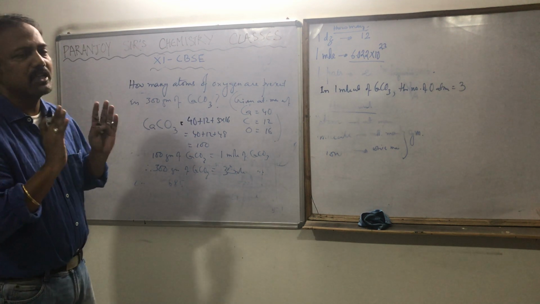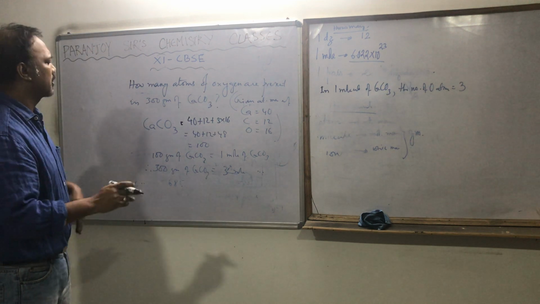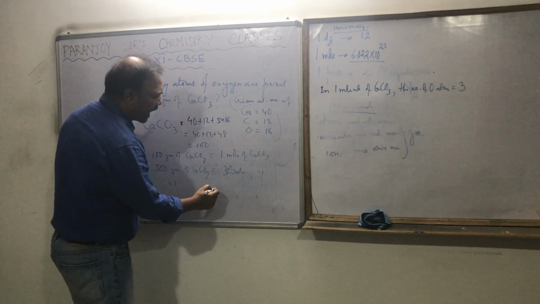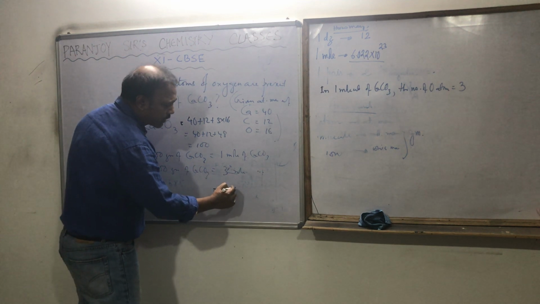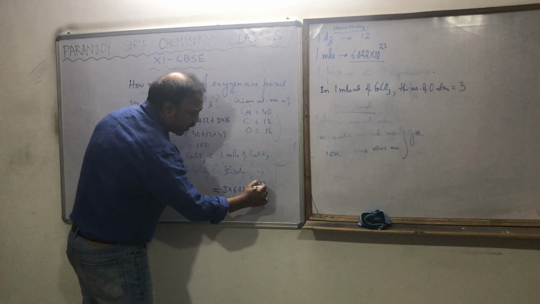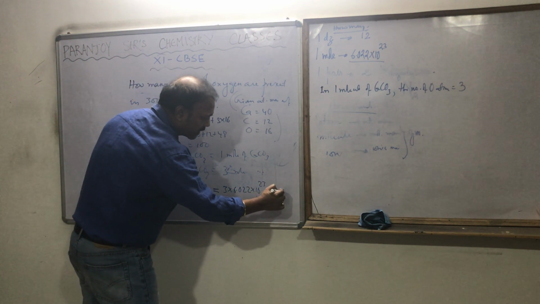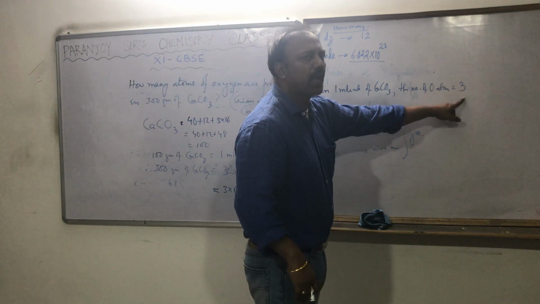So you have 3 moles of calcium carbonate molecules. 3 moles means how many molecules? 3 into 6.022 into 10 to the power 23 molecules of calcium carbonate are there. Now in one molecule there are 3 atoms of oxygen.